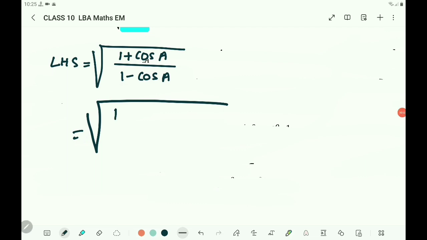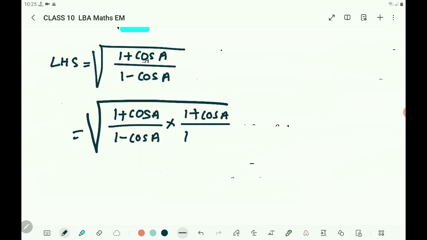Right, 1 plus cos A by 1 minus cos A into 1 plus cos A by 1 plus cos A. Here what we have done?